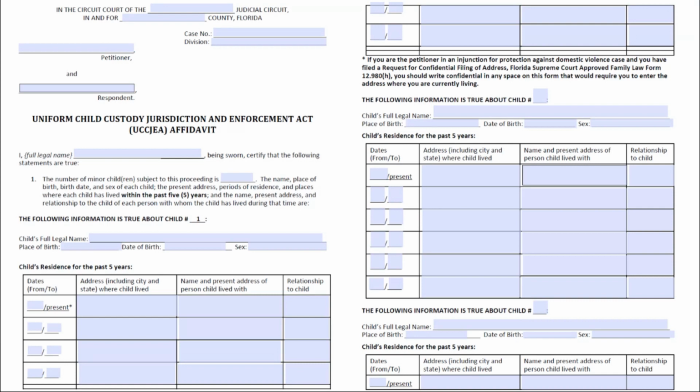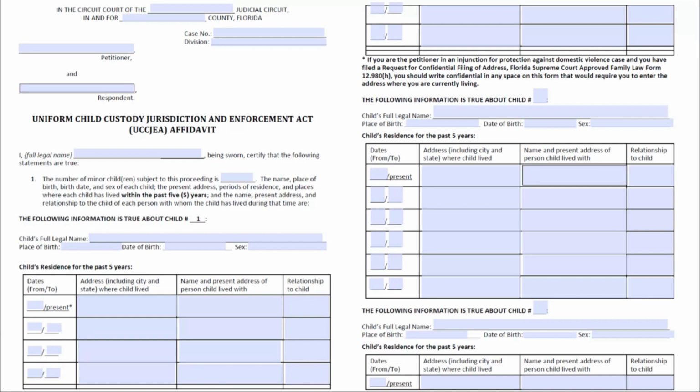Once you have completely filled out all of the information that is true about child number 1, move on to the next section to fill out the same information about child number 2. And if need be, do the same for the section provided that allows you to fill out the following information about child number 3.